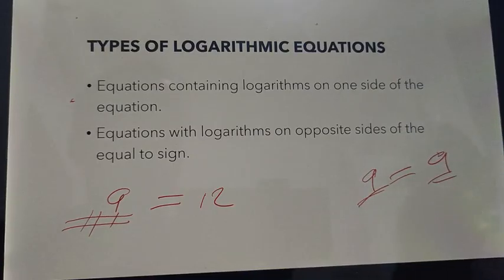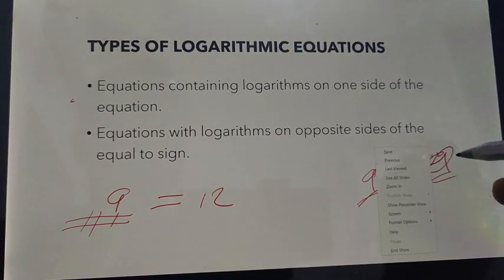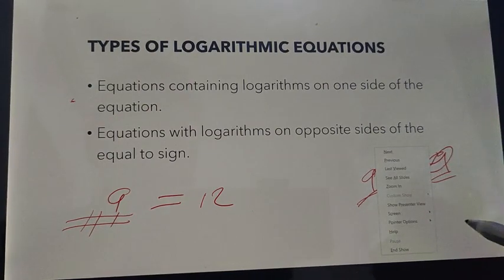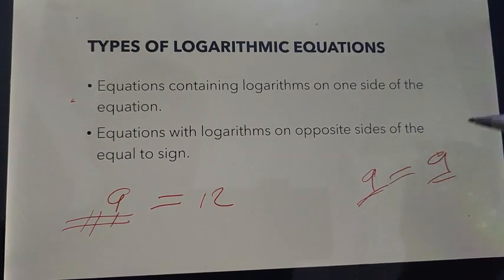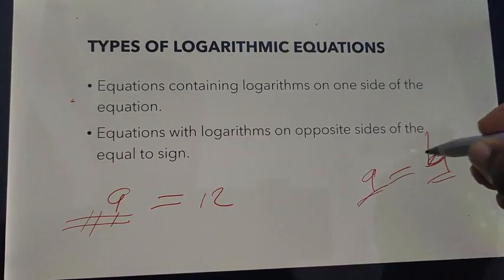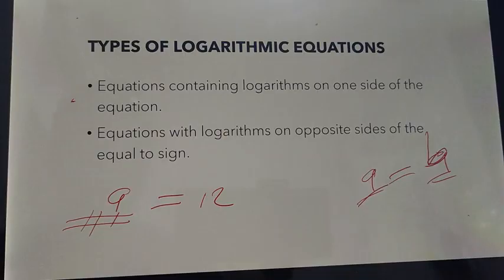Let me put P there. Okay, you can have logarithms this side and logarithms that side. So, for the time being, as many as we take logarithm, mitundu iwiri: mtundu oyamba amakhala mbali imodzi, mtundu wachiwiri amakhala mbali zonse.